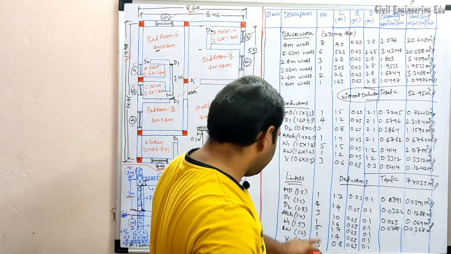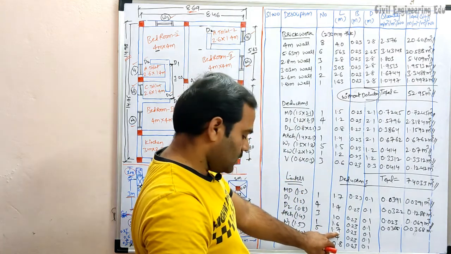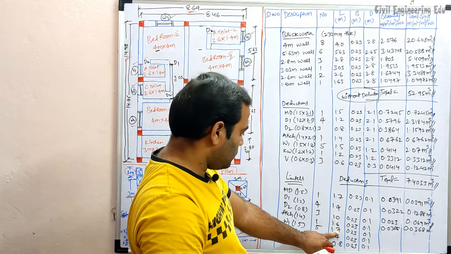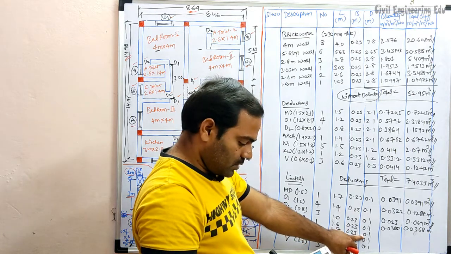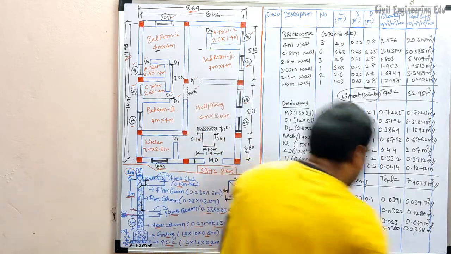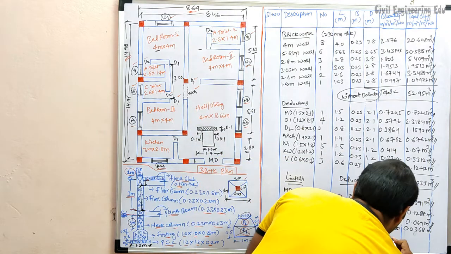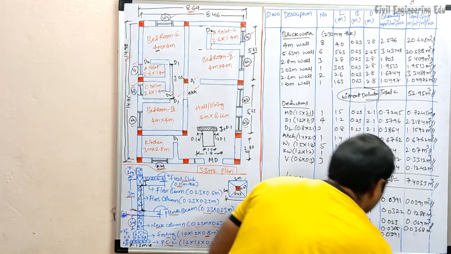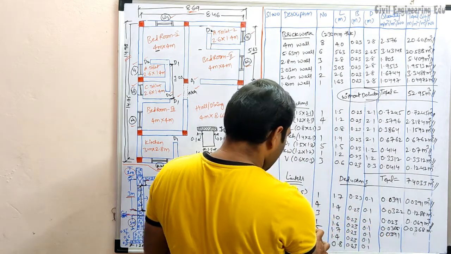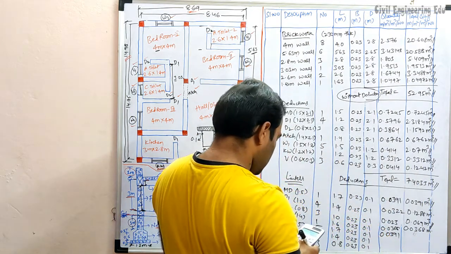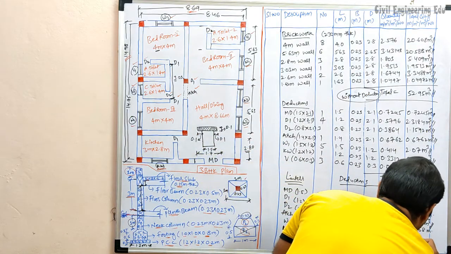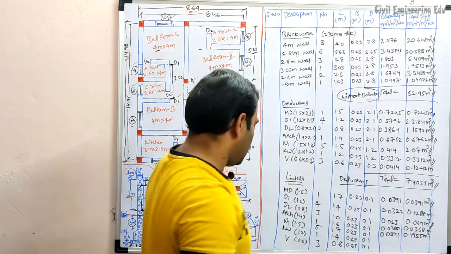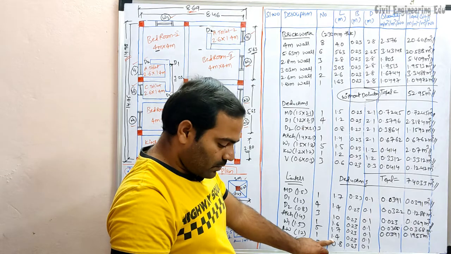Similarly window 1, so 1.7 into 0.23 into 0.1. So here I got 0.0391 multiplied by total 5 number of window ones, so here I got 0.1955 meter cube.